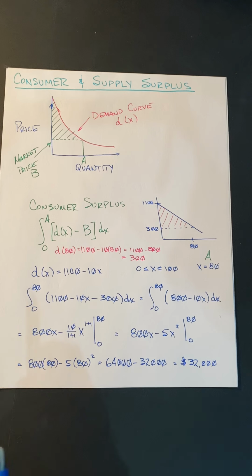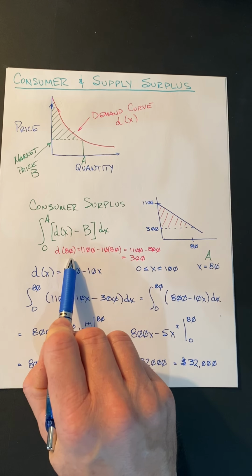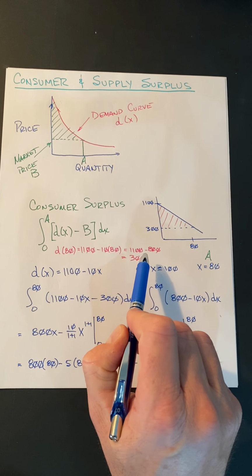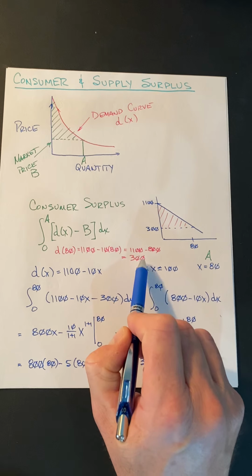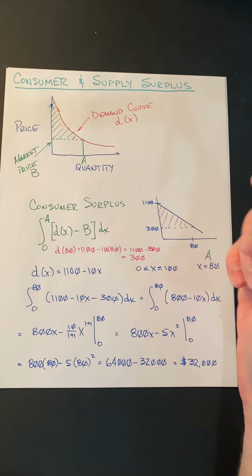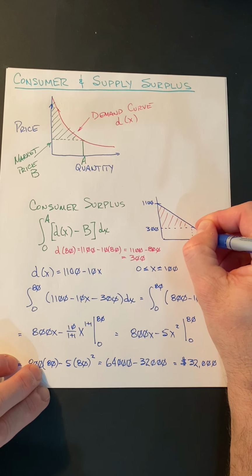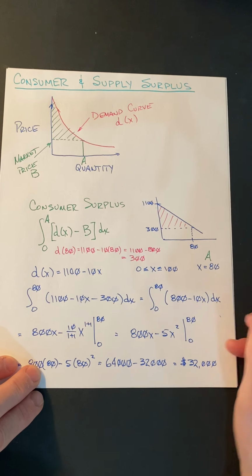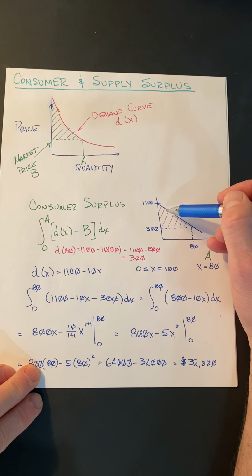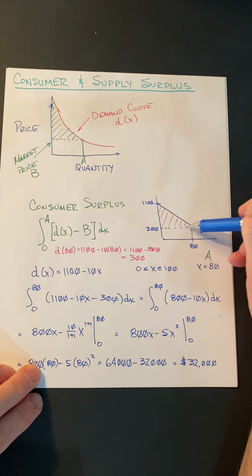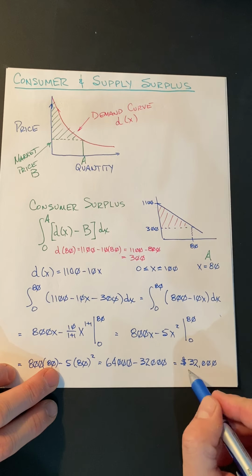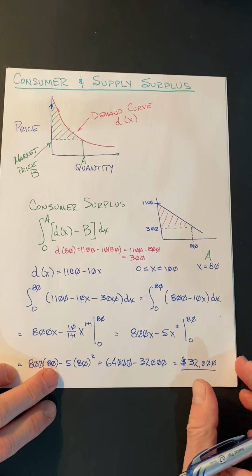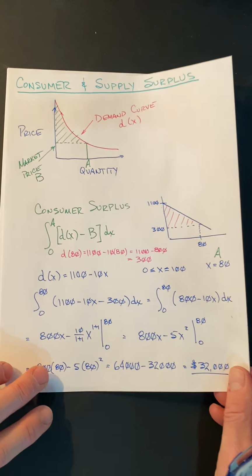So the key is take your value, the demand level, plug it into your demand function to get that price, okay? Because this has to coincide, right? And then I can take the integral between the upper function and the lower to find my consumer surplus, okay?